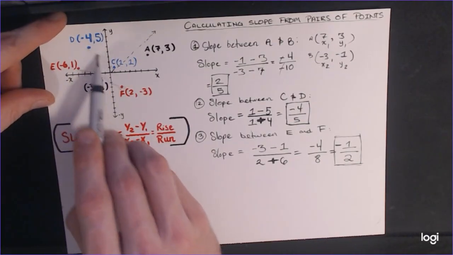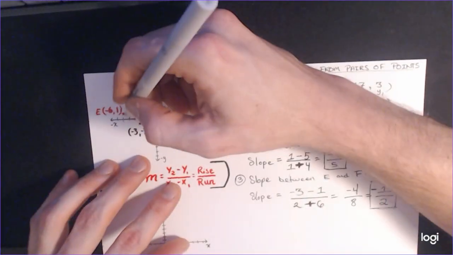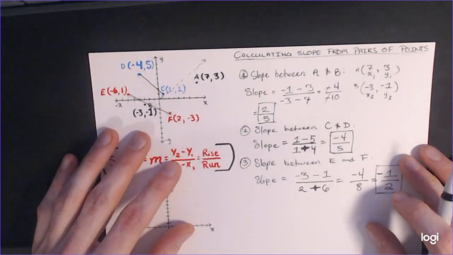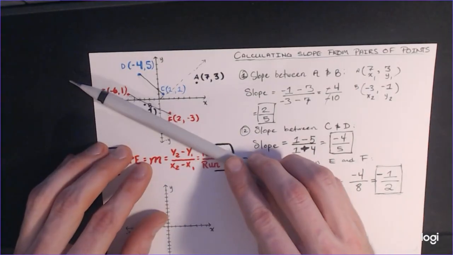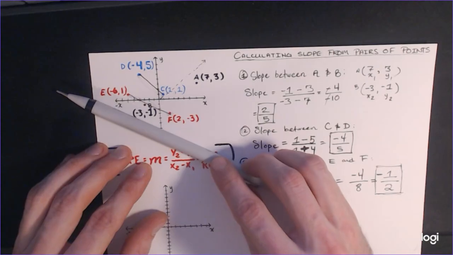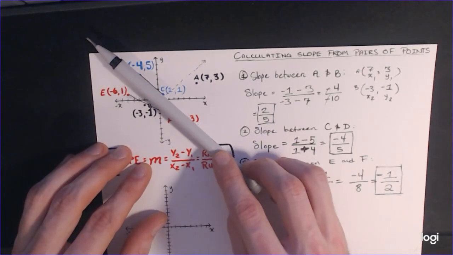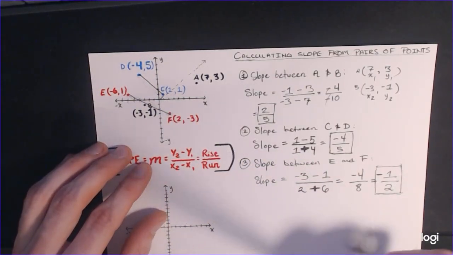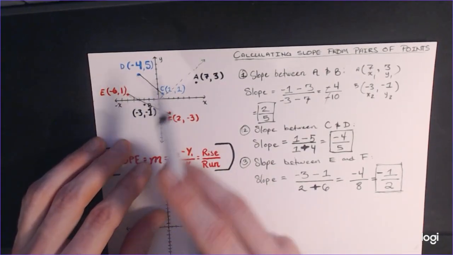Now, we also can go through and compare the slopes of both of these. So if you can see, the steepness of the line between E and F here, this red one, is less steep than that of this blue one, the line between points D and C. And remember, the steepness is going to increase as the slope increases.